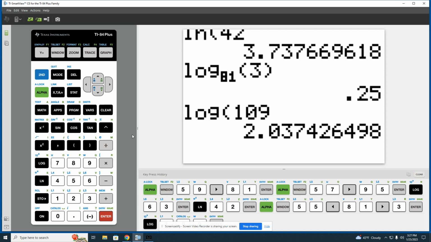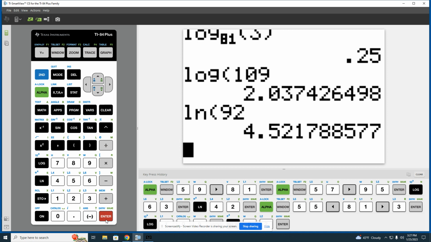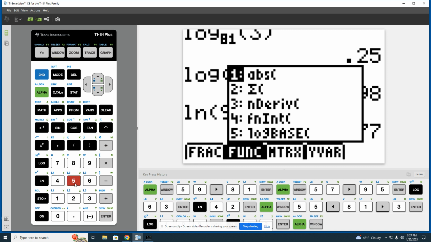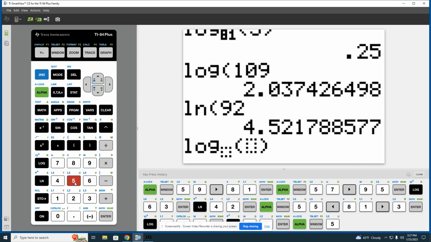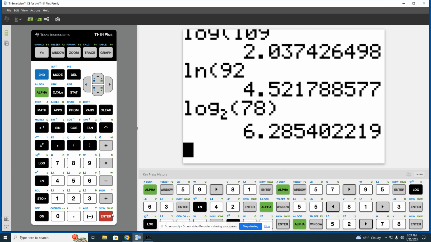And then we've got just an ln again of 92, and that's 4.52. And then lastly, we've got another log base 2. So alpha window number 5, log base 2 of 78, and that's approximately 6.29.